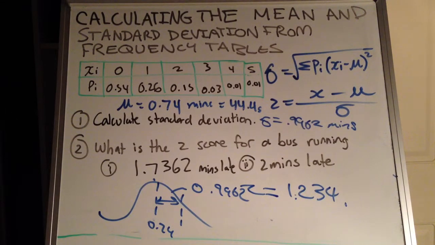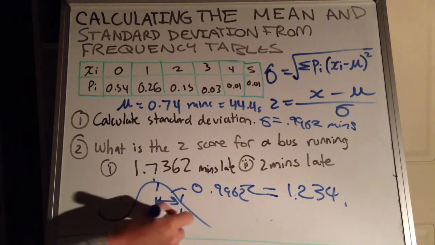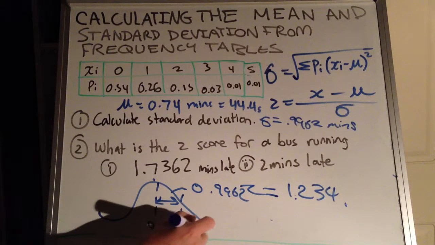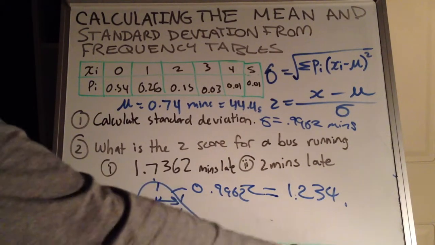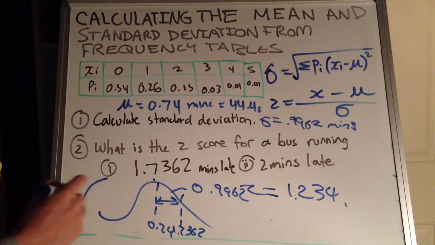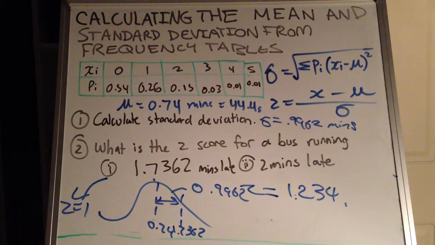So 0.74 plus our standard deviation of 0.9962 gives us 1.7362 minutes late. Hence the z-score for this problem we can easily write as being 1.